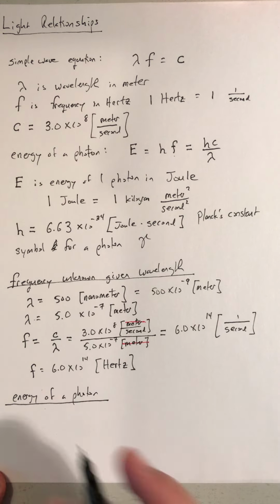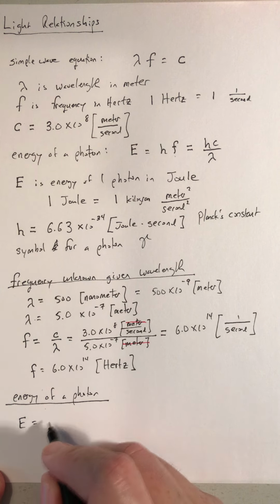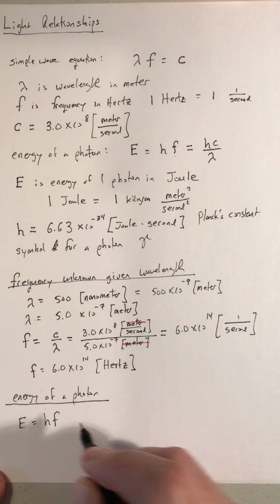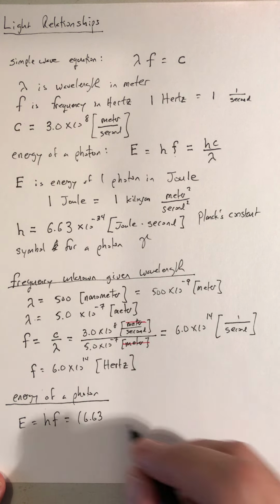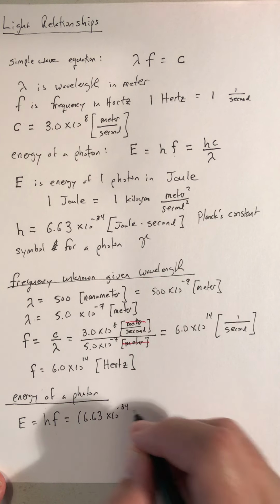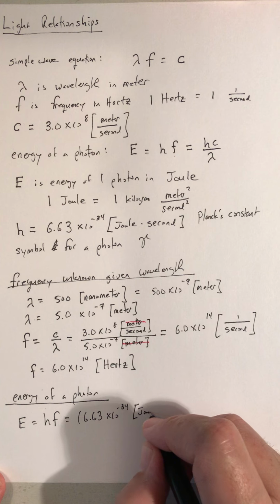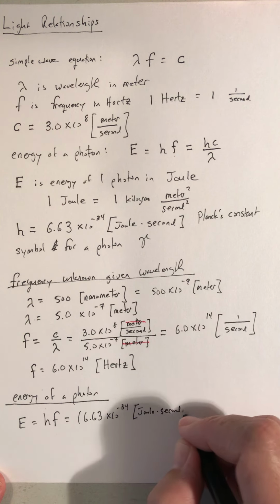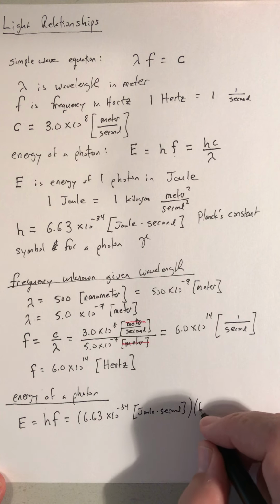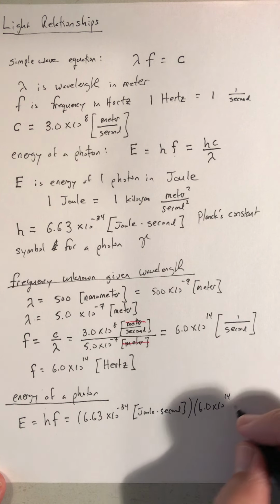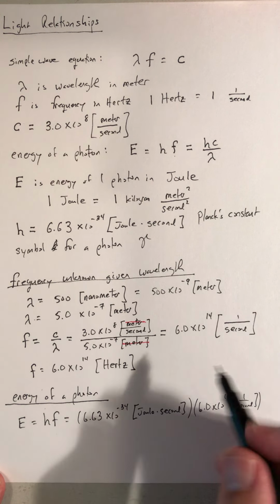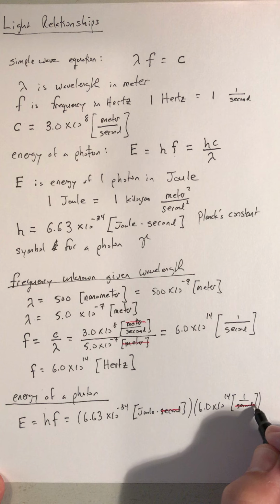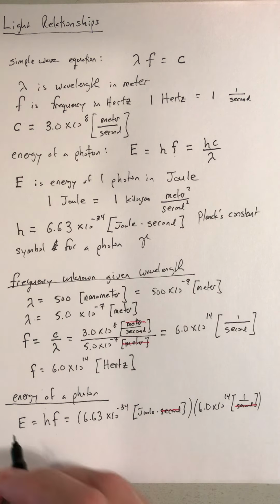So the energy of a photon, E, is Planck's constant times frequency: 6.63 times 10 to the minus 34 joule second times 6.0 times 10 to the 14 inverse seconds. So second and second cancel out, and we'll have an energy in joules, and it is going to be teeny, teeny, tiny.